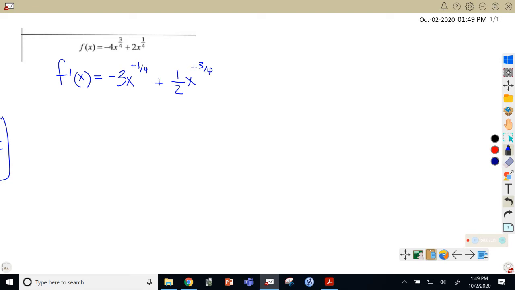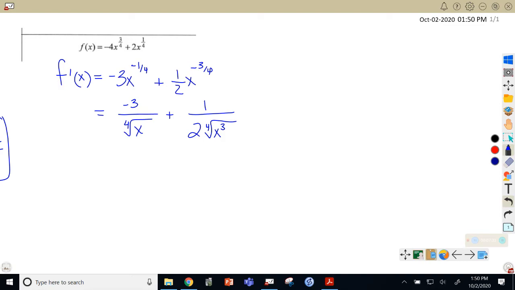And now comes the fun part where we rewrite it a bunch of times. All I'm going to do first is apply the properties of exponents. I know this is going to be negative 3 over the 4th root of x plus 1 over 2 4th roots of x cubed.